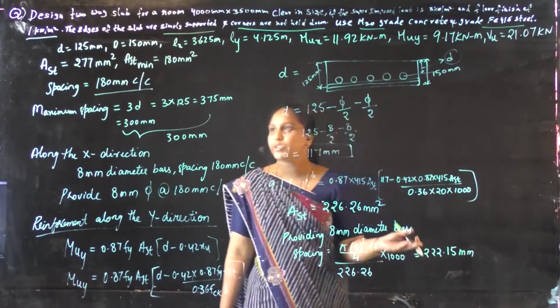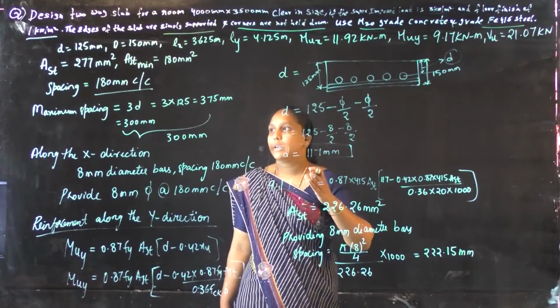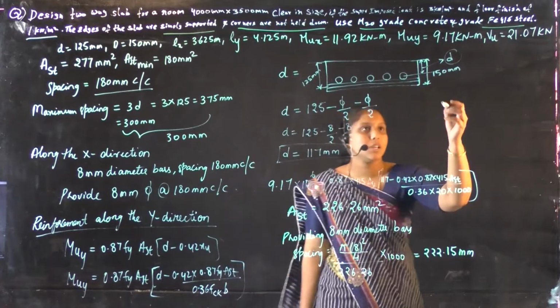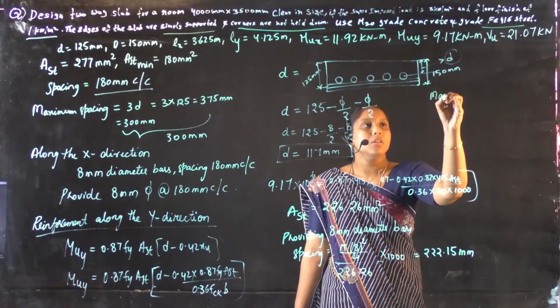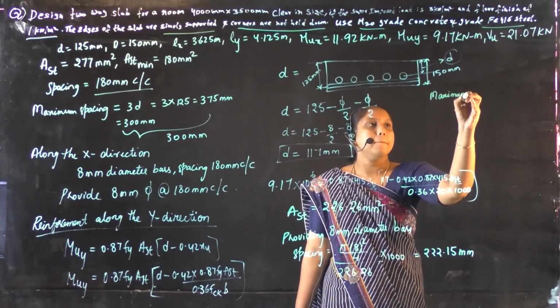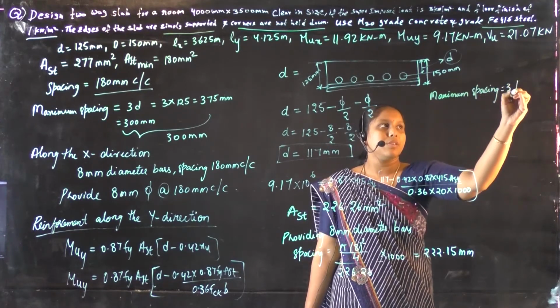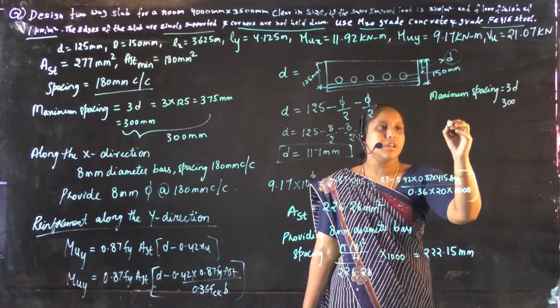So now what we have to check for the maximum spacing. How we'll check for the maximum spacing? So the maximum spacing is 3D or 300, whichever is less.